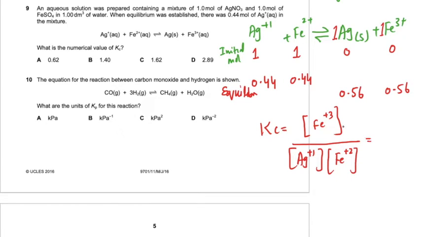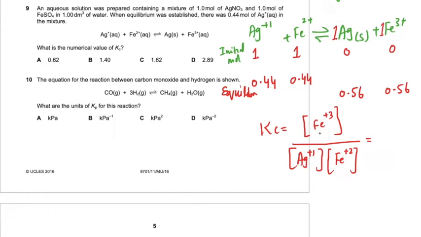Now putting the values. What do you think about the volume? Volume is 1 dm cube, so you can ignore the volume. By dividing by 1, you will get the same answer, so we are ignoring the volume.